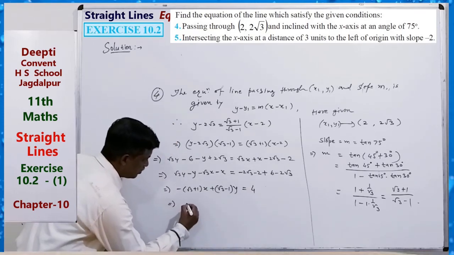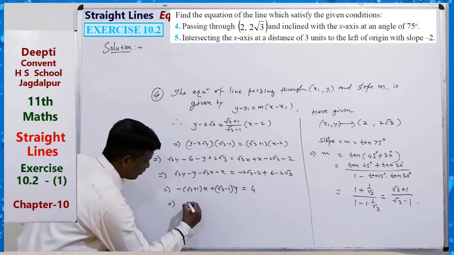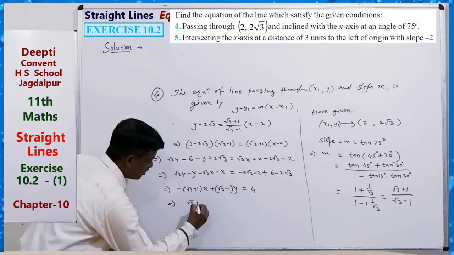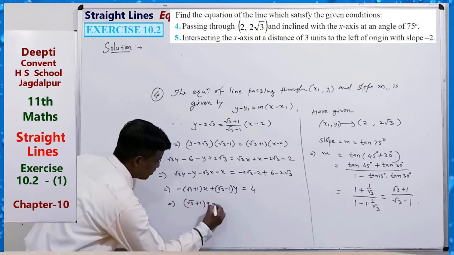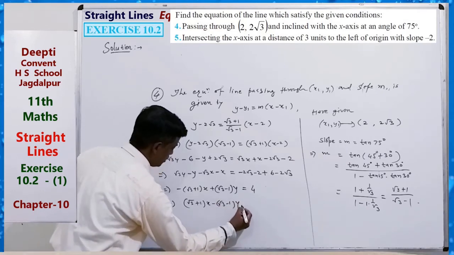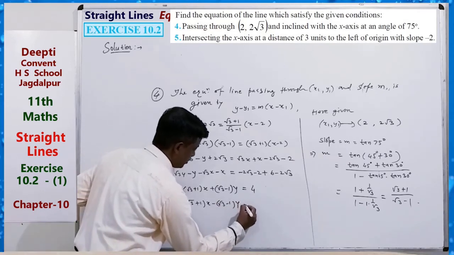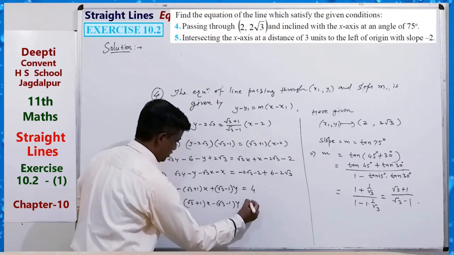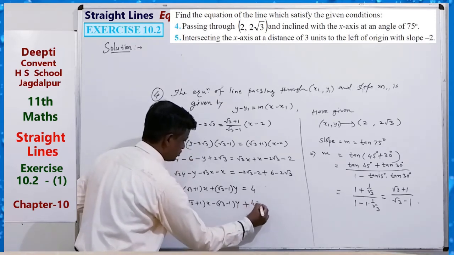So we can write root 3 plus 1 into x minus root 3 minus 1 into y plus 4 equals 0.